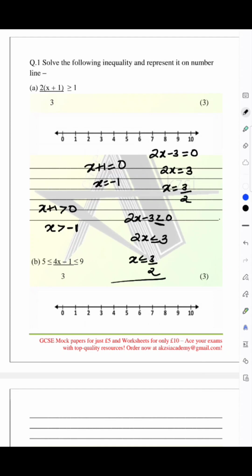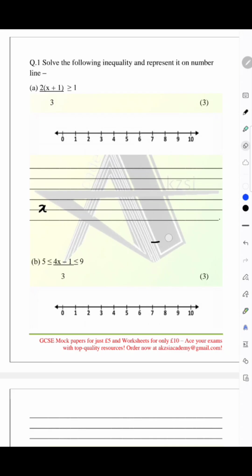But now inequality says that x can take any value equal to 3/2 or lesser than 3/2, any value lesser than 3/2 till -infinity. So that's the meaning of inequality, and this is the reason in inequalities we will not get only one answer but multiple answers. I mean, there will be a whole range for it.